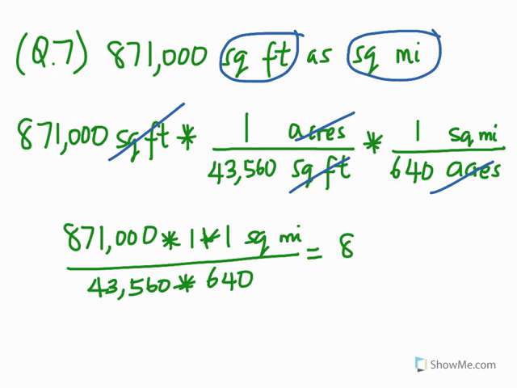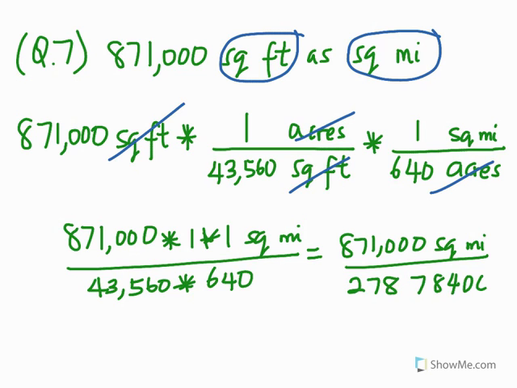So this will be 871,000 square miles divided by, when you multiply that stuff, that's the denominator, 27,878,400. You see, I am doing it step by step, so you don't make mistakes. You don't want to make mistakes in this area measure.